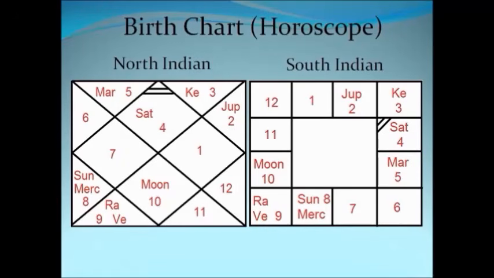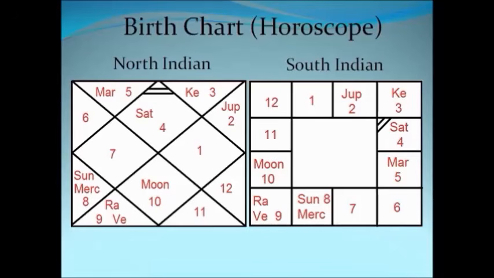The diagram on the left shows the format of birth chart popular in North India, and the diagram on the right shows the format of birth chart popular in South India. Watch these two formats closely. I repeat, both these diagrams represent the horoscope of the same person. The difference is only of presentation.